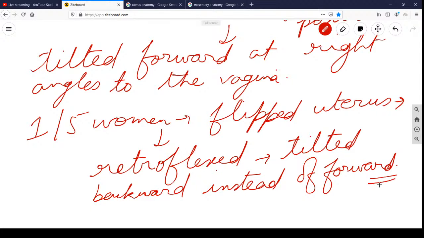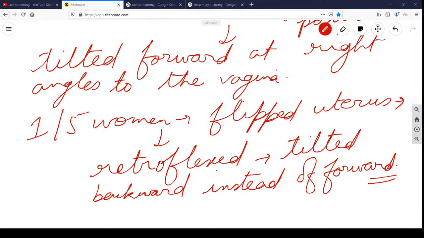So that is all about the anatomy of the uterus and the various diseases that can be asked in the NEET examination. One thing more I'll tell you, you may have a prolapsed uterus, in which the uterus has slipped down towards the vagina. This occurs because the uterine ligaments are too relaxed or stretched, the folds of the visceral peritoneum have become too relaxed, or sometimes are torn or near to being torn.